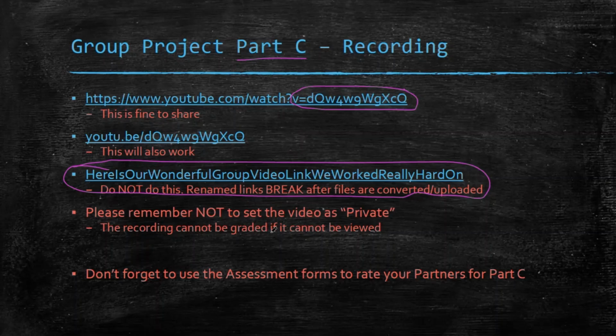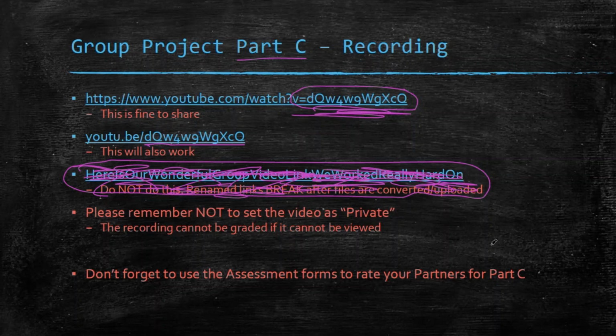You can't do that either, because once you save that as a PDF, your video turns into a picture, and I can't do anything with that. So make sure you've got an actual link that looks like a link. I'm looking for that code. It can be in the shortened format or the longer format, but do not replace your text. Do not use any alternate wording there. It needs to be the big ugly link, whatever you get from YouTube.